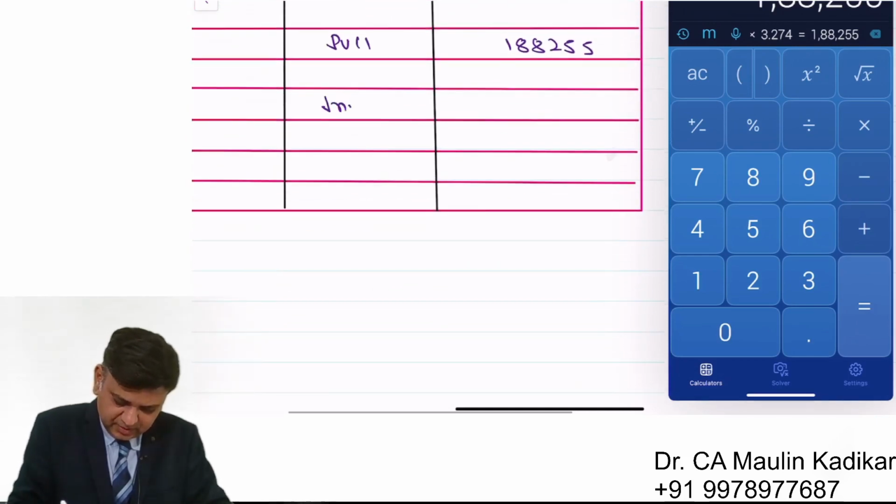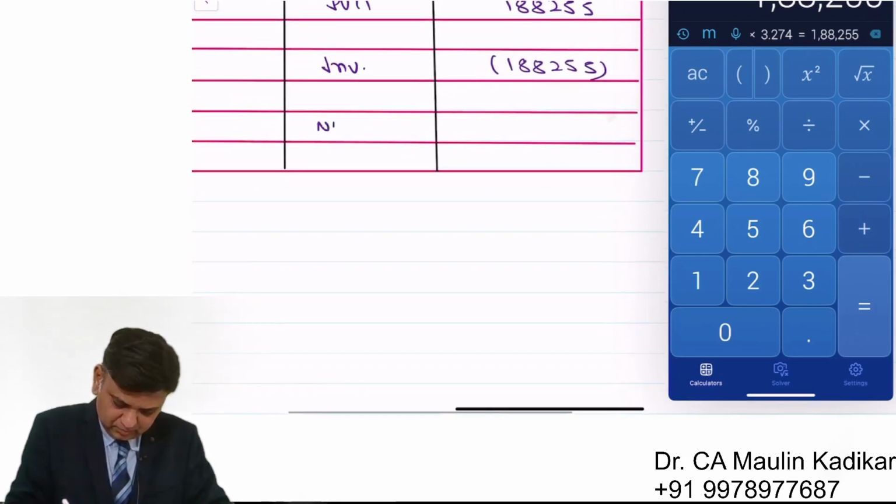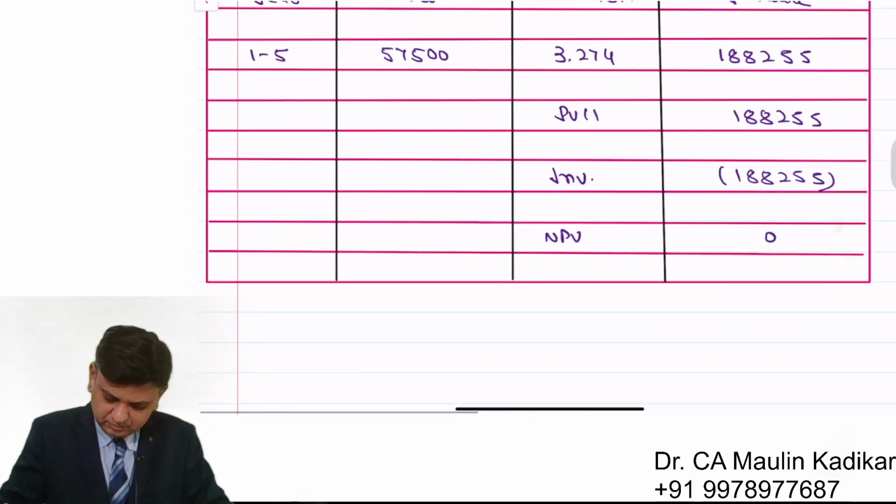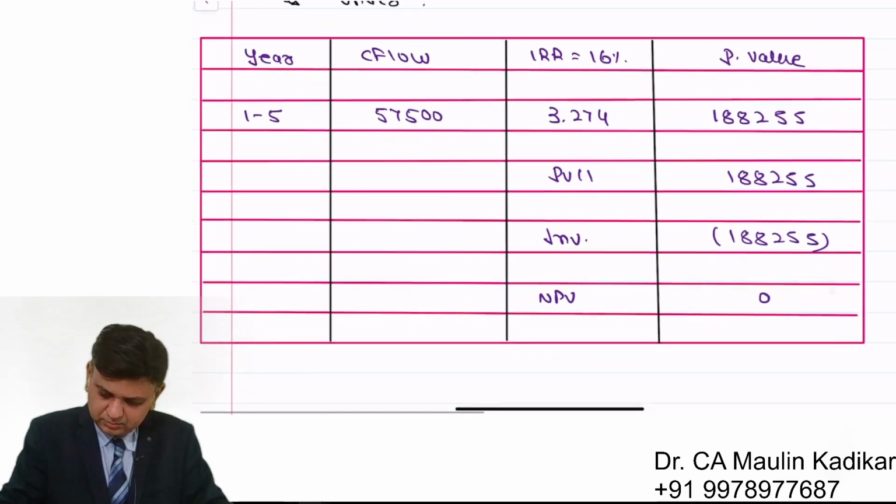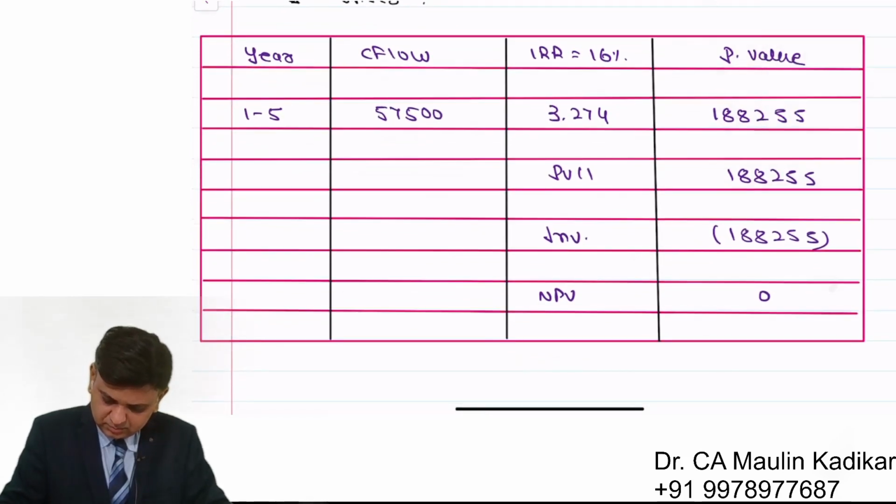Amount of investment, NPV 0. So the amount of investment will be found as balancing figure.